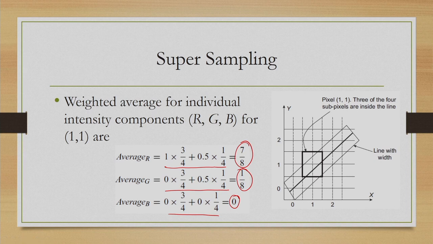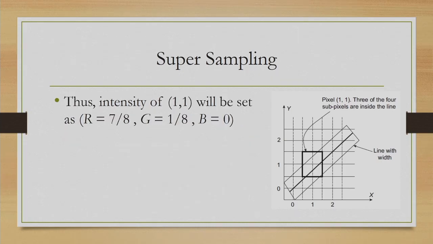And this R value, this G value and this B value together will give us the color of that particular pixel. So, the intensity will be set as R equal to this, G equal to this and B equal to this value. And we got this by considering the fraction of subpixels that are inside the line and the fraction that are outside.